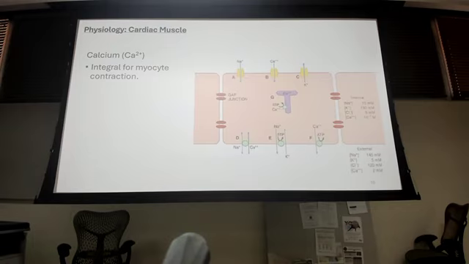And the reason it's vital is because calcium will bind to that troponin on the actin fibers so that it will expose the myosin binding site, and myosin and actin can interact with each other, and then it can do its little power flex move and contract the muscle fiber, okay?